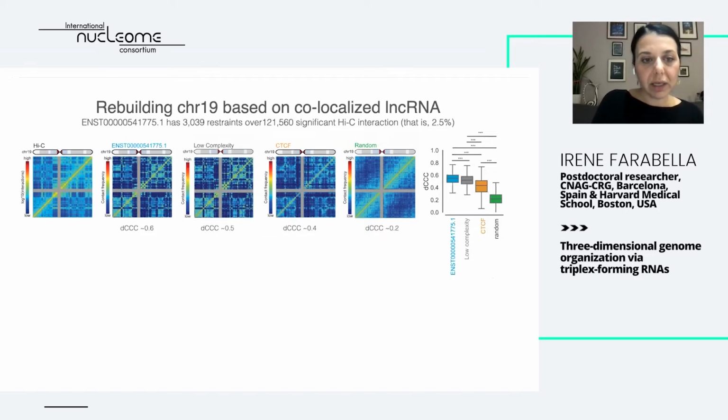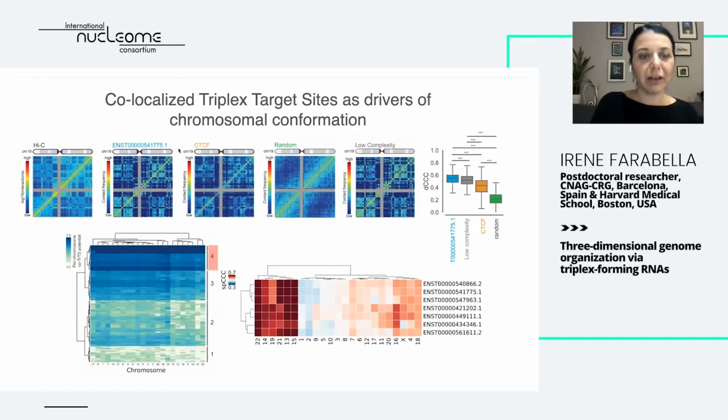This result is not restricted to this particular long non-coding RNA. Indeed, we performed different simulation analyses for multiple long non-coding RNAs belonging to subgroup number 4, the widespread subgroup of triplet-forming long non-coding RNAs, in all chromosomes.